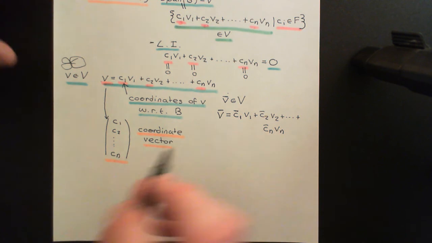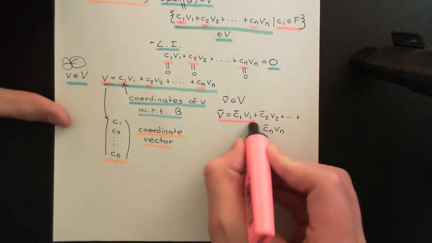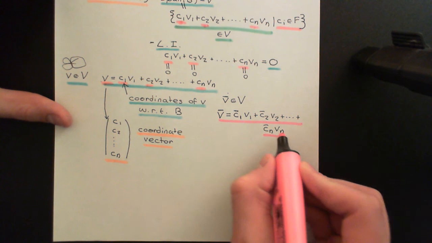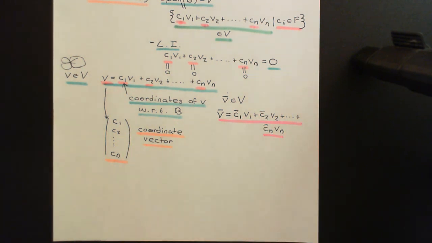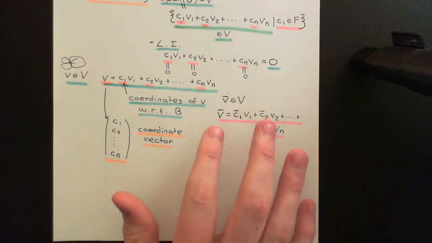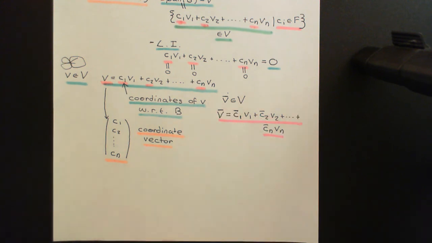So I have expressed v bar as a linear combination of the vectors v1, v2, all the way up to vn. These barred coefficients are the elements of the field that I need to multiply the basis vectors by to get the correct linear combination for v bar. Those therefore are my coordinates of v bar with respect to this basis.